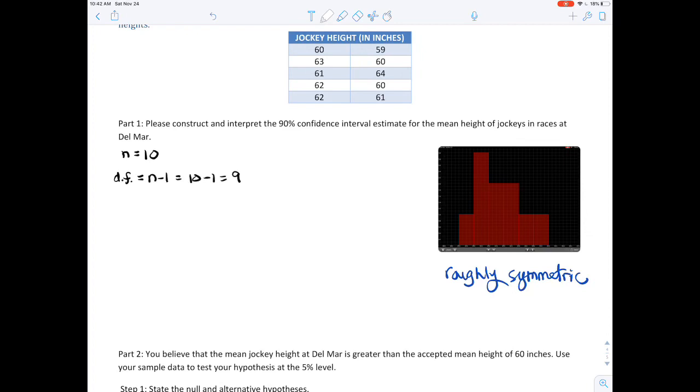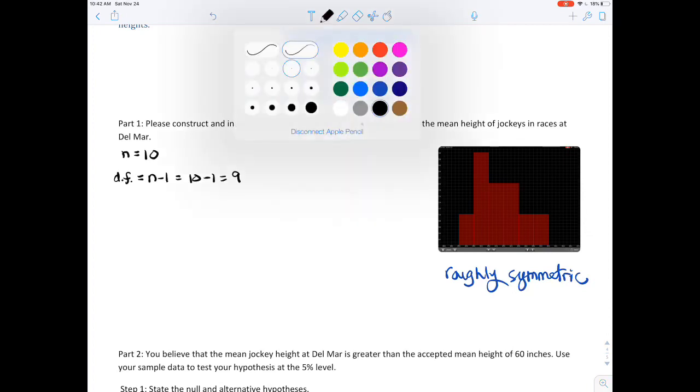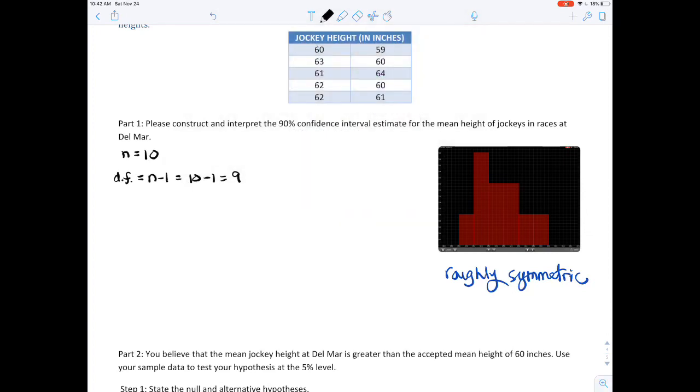All right, so the area corresponding to t alpha over 2, which equals what?